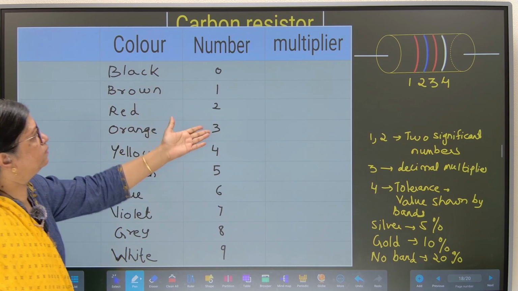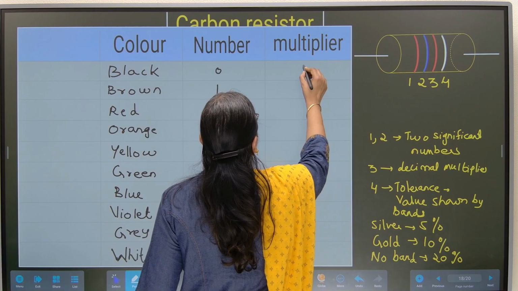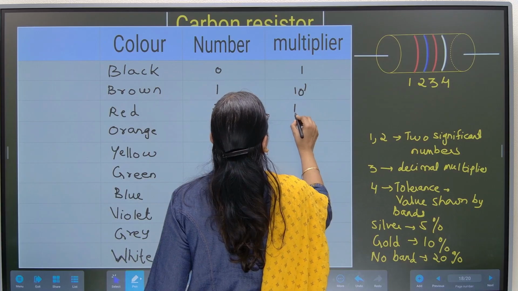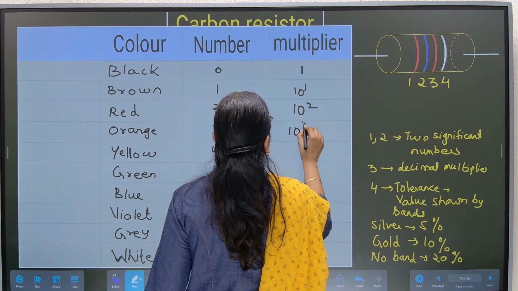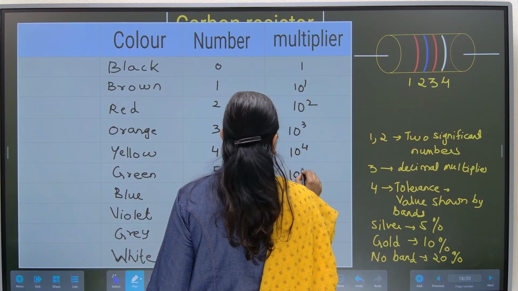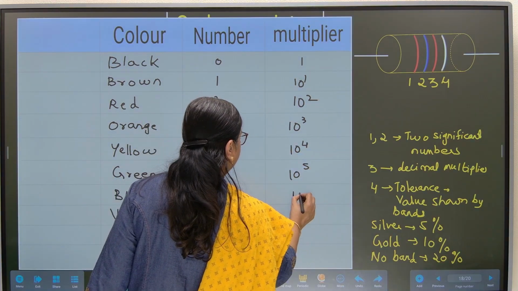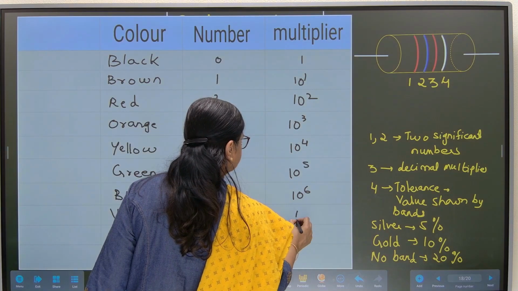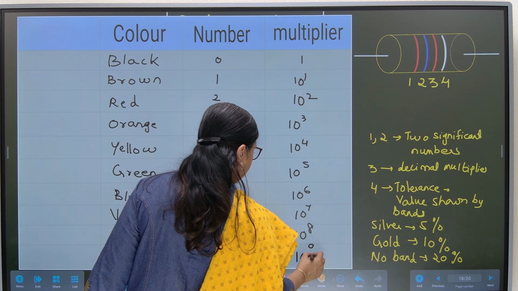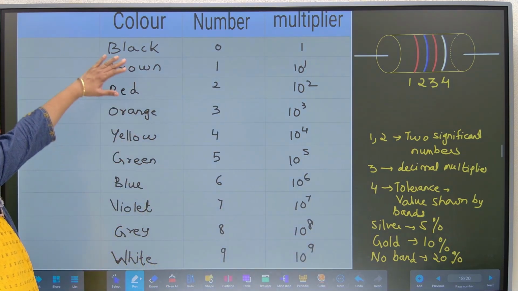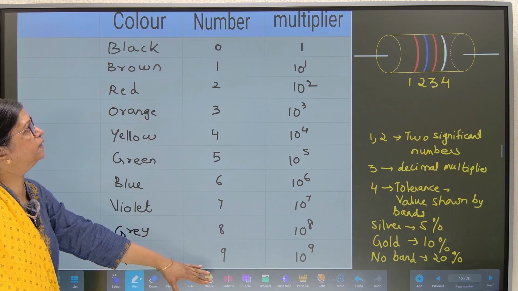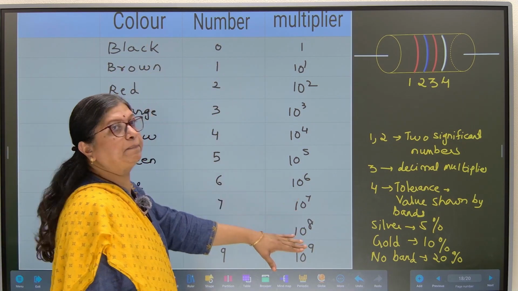Accordingly, let us write the multipliers: 1, 10 raised to 1, 10 raised to 2, 10 raised to 3, 10 raised to 4, 10 raised to 5, 10 raised to 6, 10 raised to 7, 10 raised to 8 and 10 raised to 9. Fine. So these are the color codes, and these are their respective numbers and their multipliers.